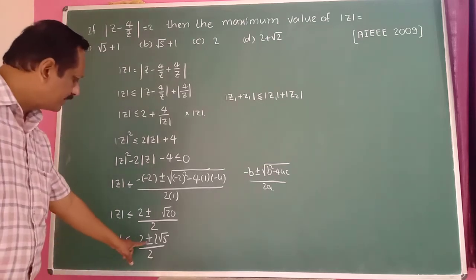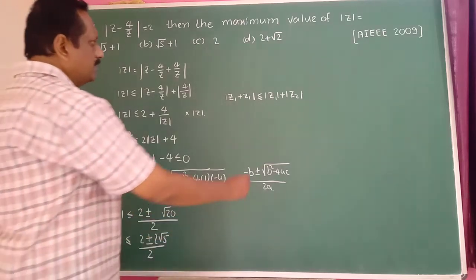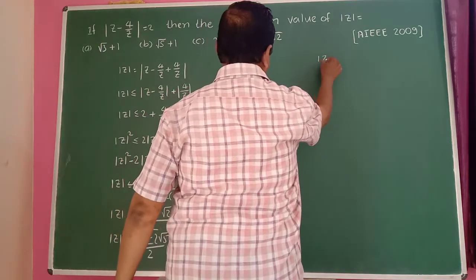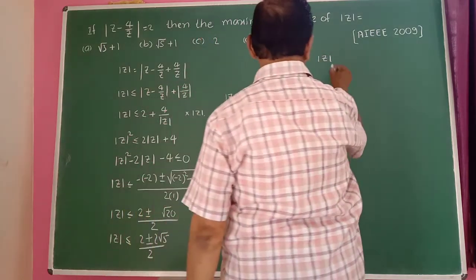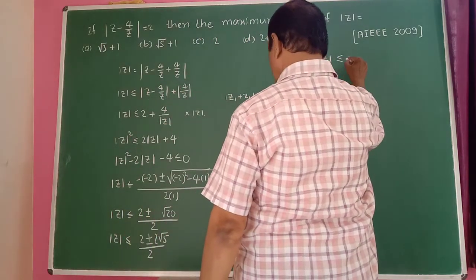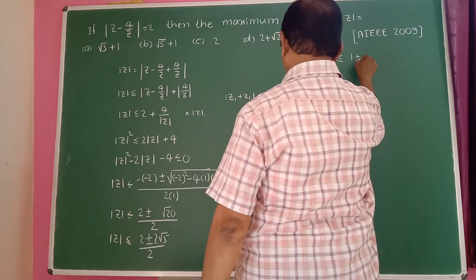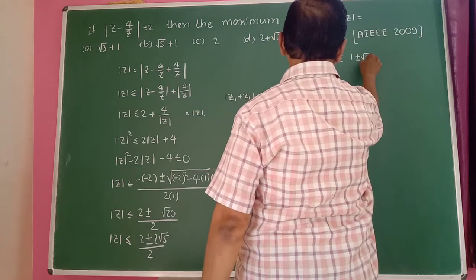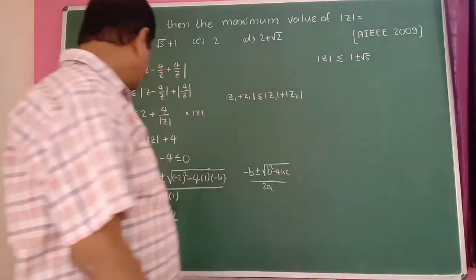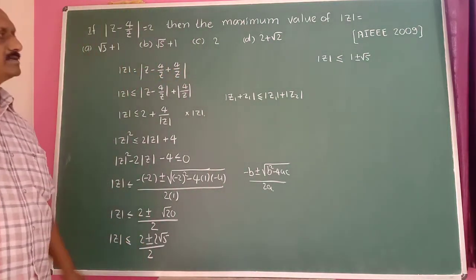Take a 2 common factor here, 2 and 2 cancel. Hence, modulus of z is less than or equal to 1 plus or minus root of 5. Take 2 common factor, 2 and 2 cancel, we get this result.